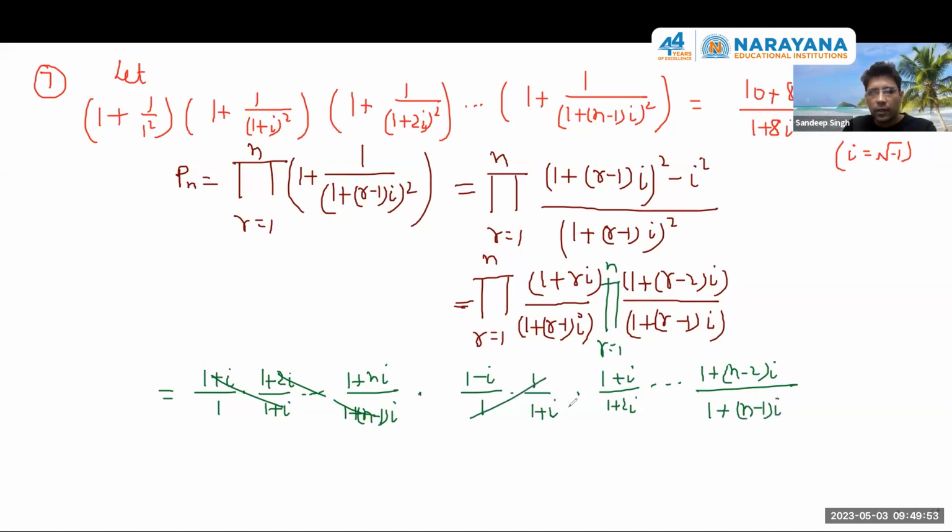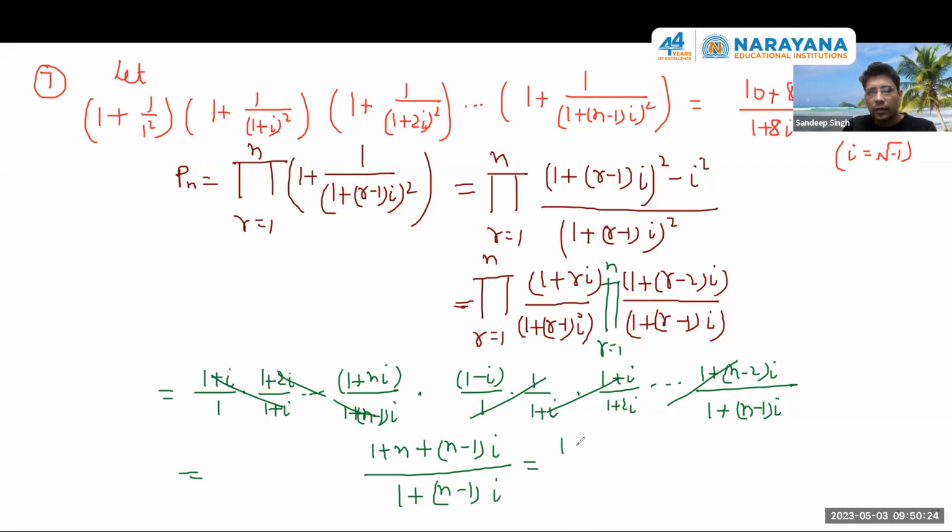So this time the terms are cancelling like this. So 1 minus iota in the numerator and 1 plus (n minus 1) iota in the denominator. Effectively what remains is (1 plus n iota) into (1 minus iota), so this is going to be (1 plus n iota) whole divided by (1 plus (n minus 1) iota).